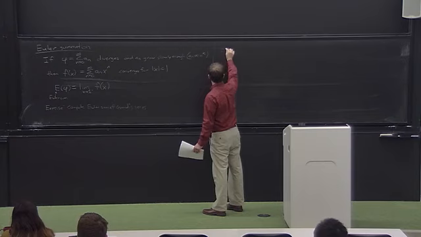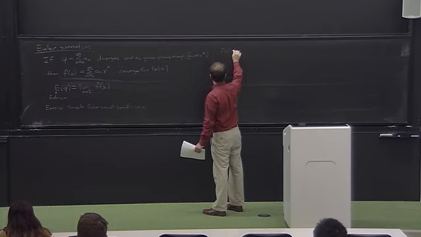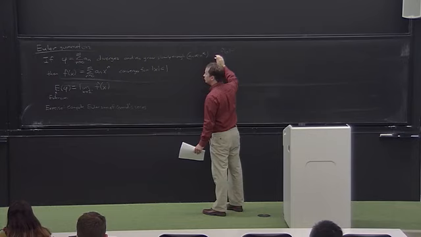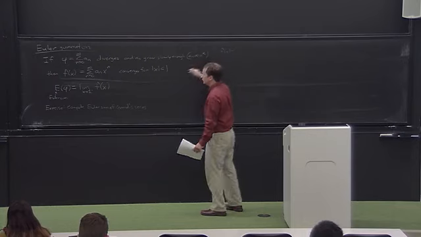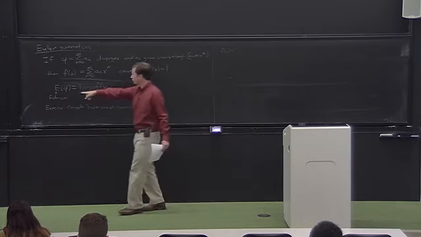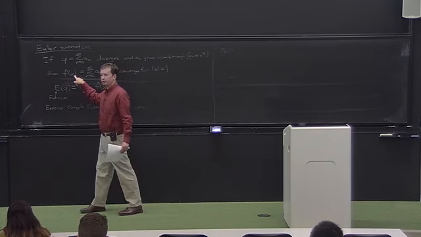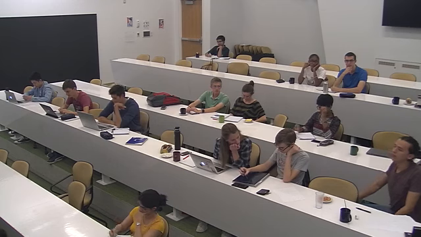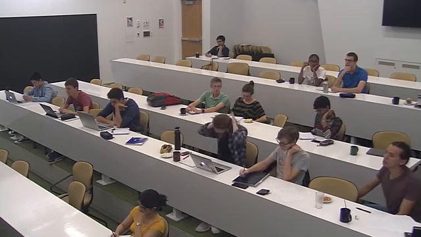Okay. So your claim is that f of x is equal to x times... My claim is that f of x equals 1 plus x times f of x.